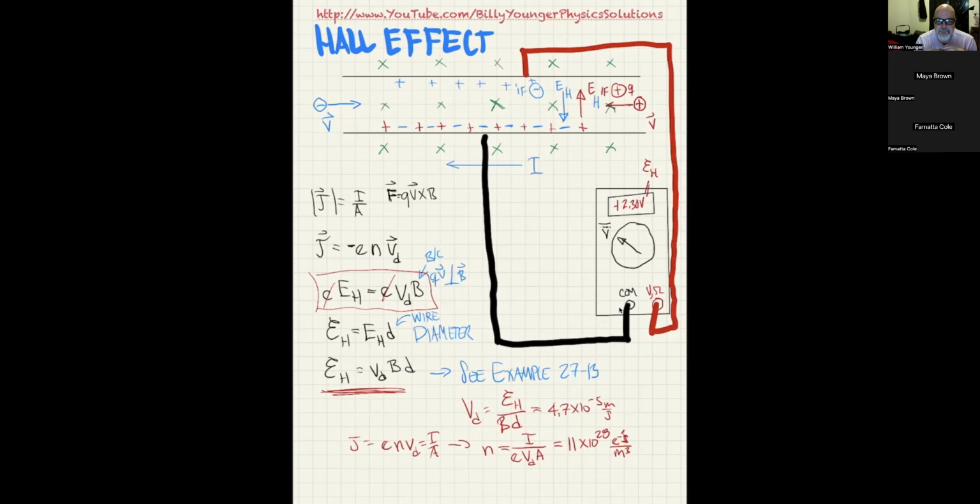And then for the negative, how does it work with the right-hand rule when it's pointing to the right? In this case, it's electrons, which are negatively charged, and they're moving to the right. But when you multiply a negative number times a velocity to the right, you get a velocity to the left.